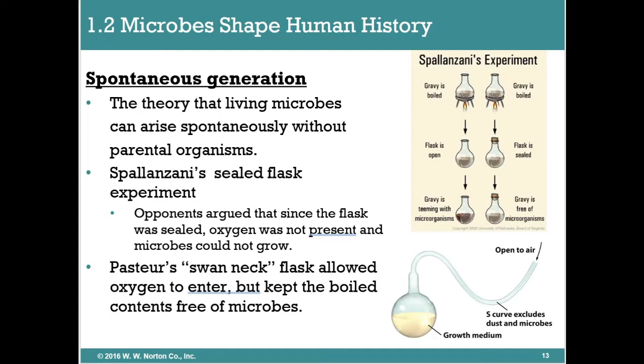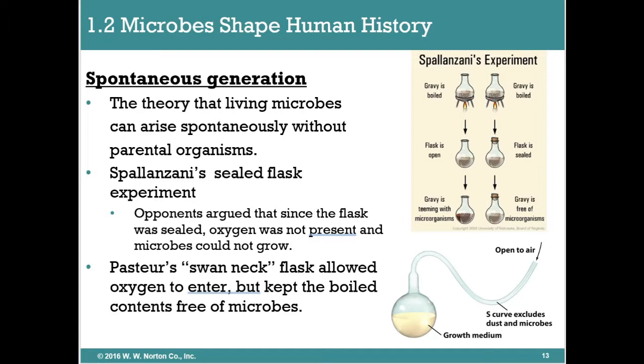With the flask being open, he saw that there were some microbes in there. Then he did it again, but instead of leaving the flask open, he had it closed. With the closed flask of gravy, it showed that there were no microorganisms. But there were some people who argued that since the flask was sealed, oxygen was not readily available.